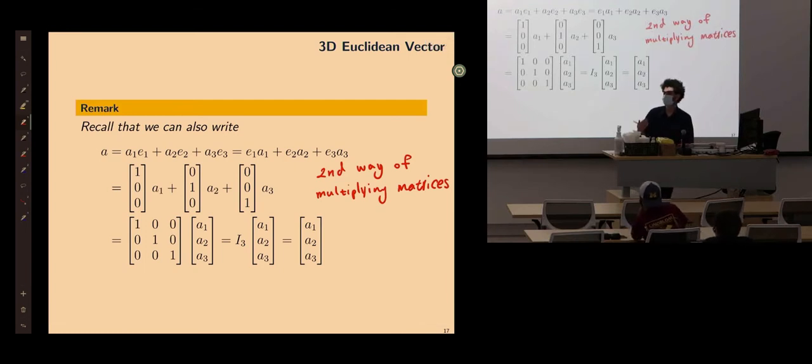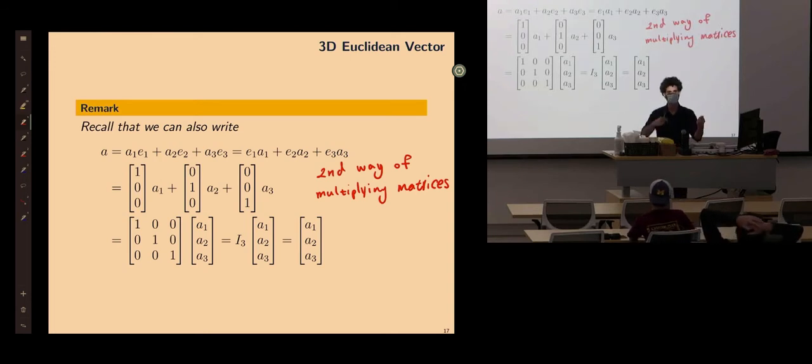The second way of multiplying matrices that we covered extensively in LU factorization was the column of the first matrix times the corresponding row of the second matrix.